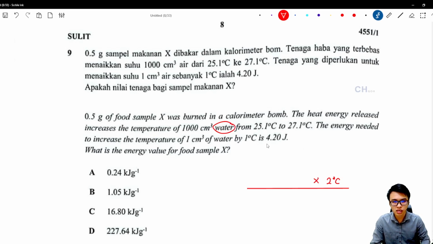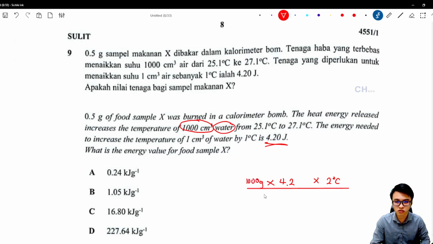Okay, multiply the temperature change. The specific heat capacity is 4.2 times the mass of the water. Okay, the mass of the water, which is 1000 cm cube. In 1000 cm cube, the water should be 1000 gram.